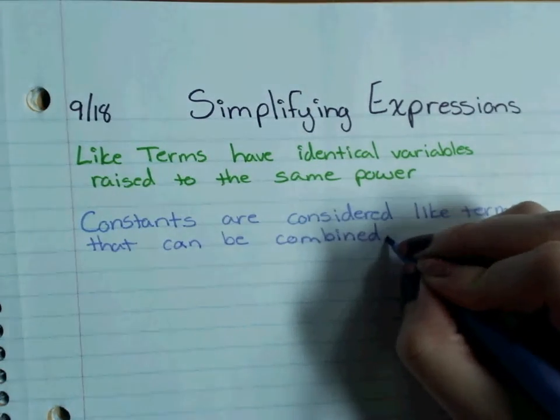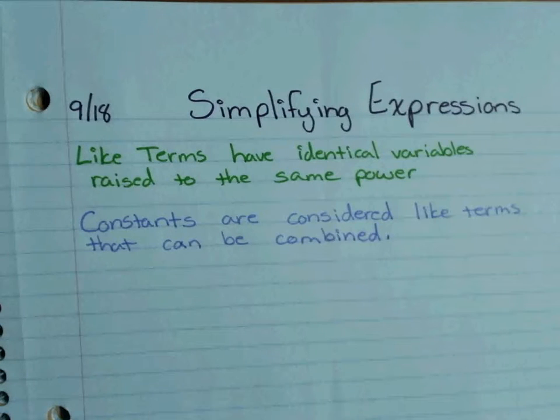So I can combine a plain number with another plain number. Those are like terms within themselves because they don't have any variable. Now it's really important to remember that when you are combining like terms, you have to include the operation that is in front of the term.